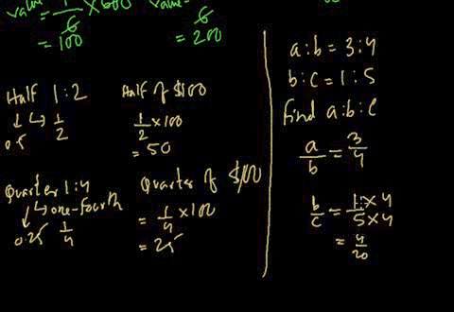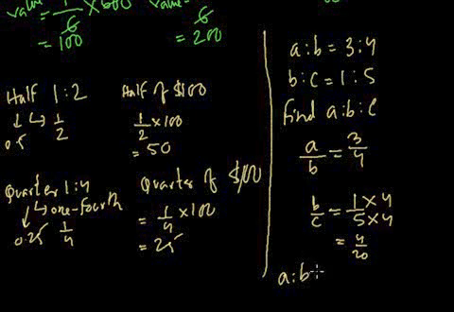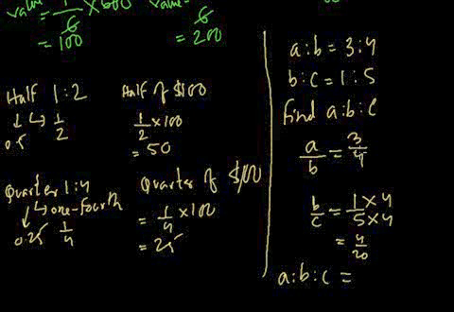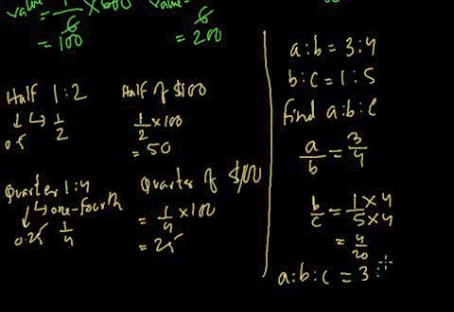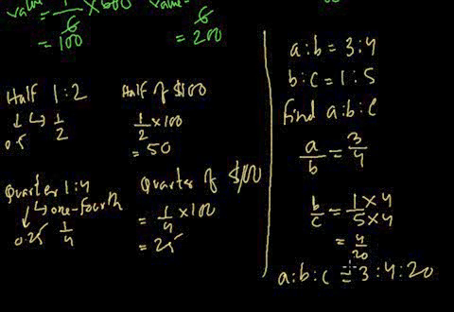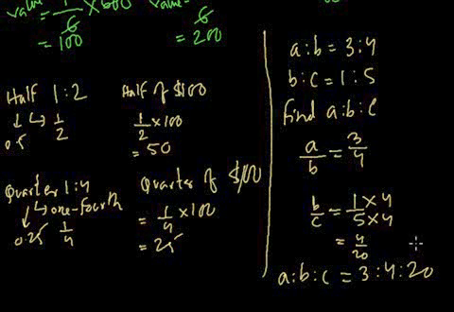So this 4 and this 4 are bridged together. So this is 3, this is 4, and we have 20. So we can say A:2B:C is 3:4:20.